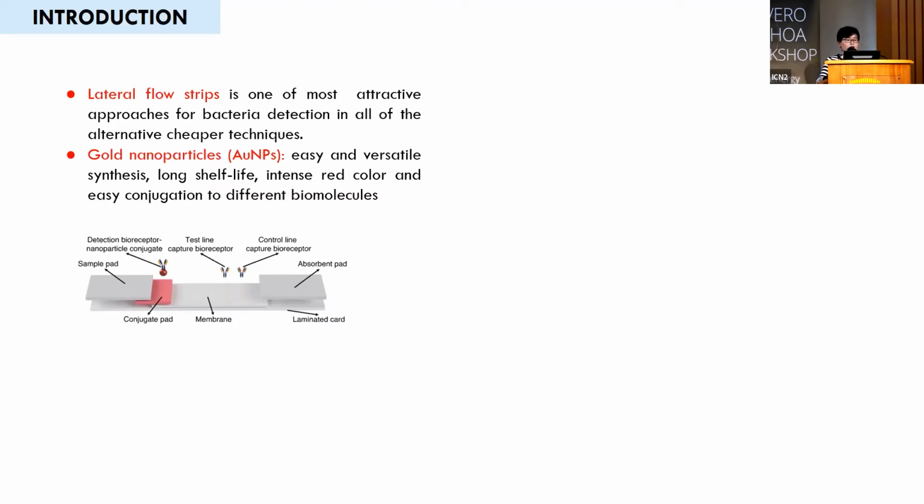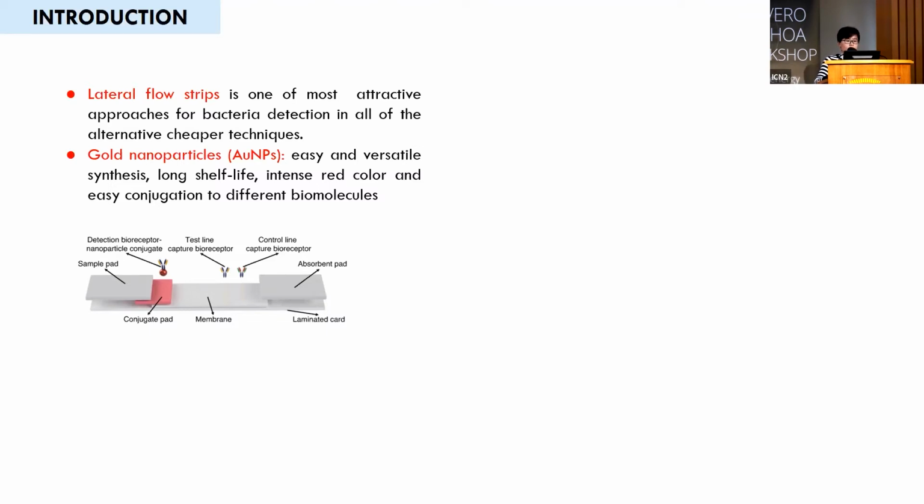When we load the sample on the sample pad, the labeled conjugates flow and are captured on the detection part. Then, with the naked eye or using a colorimetric reader, we can get the signal.